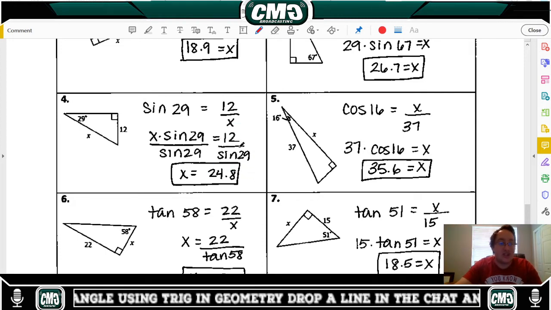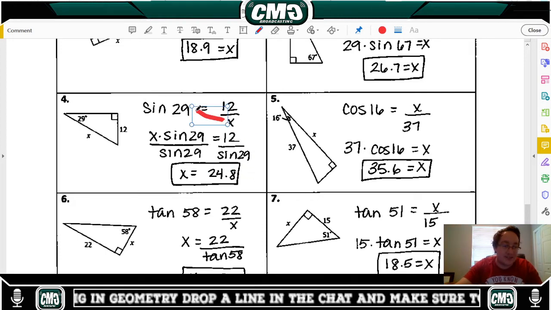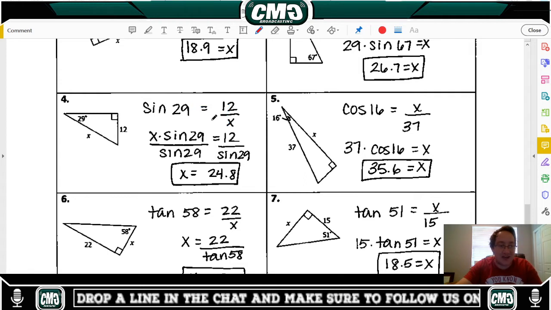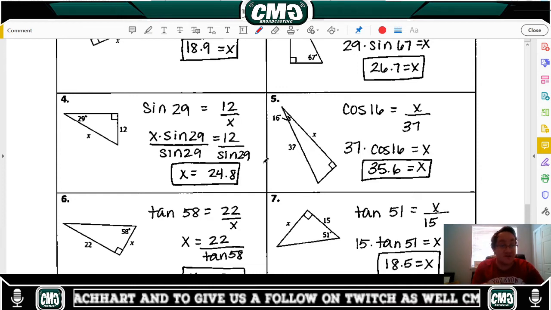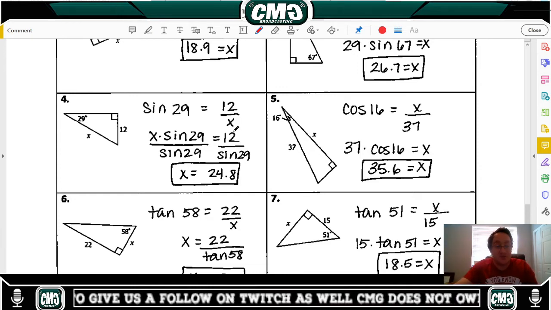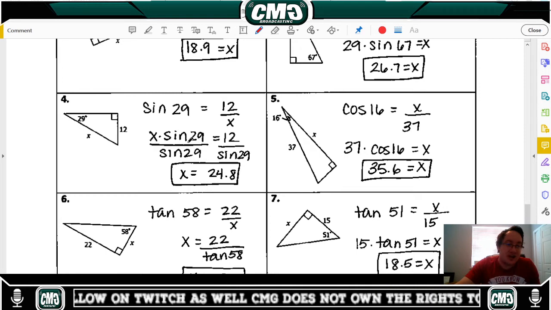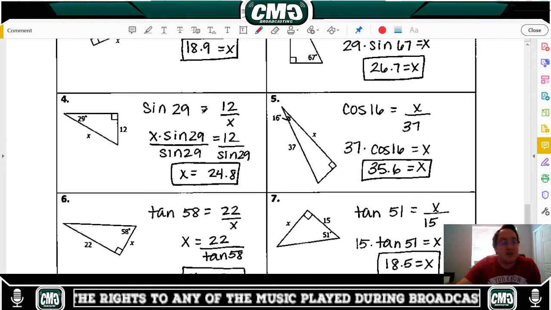So when we do these, all we're going to do is take the x and the sine, or whatever we have on this side, and switch them. Just switch where the x and the sine or the cosine or the tangent of that number is. Because notice what they do: times x on both sides to get rid of it, and then they divide by the sine of 29. All you need to do is just switch them.